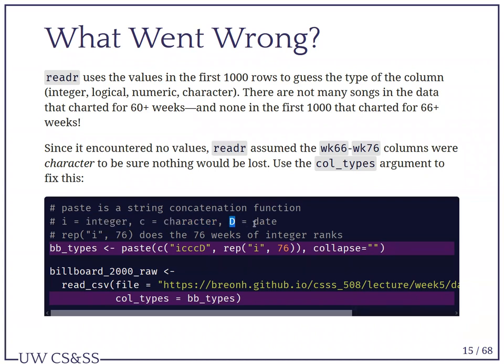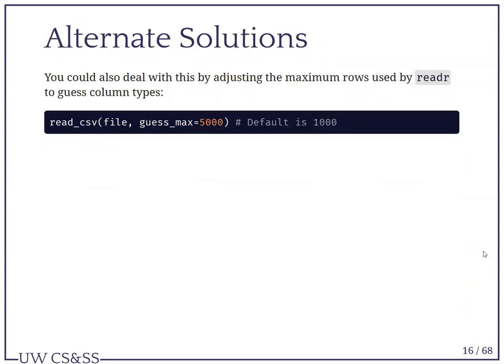And if it's a capital D, I'll assign it to date. And then I just make a vector by pasting this information and hand that vector to the col_types argument. And now when I load the data, all of those, like week 66 through 76, will be correct.